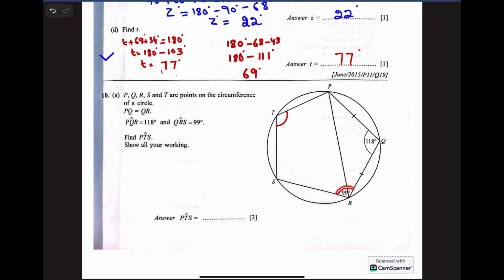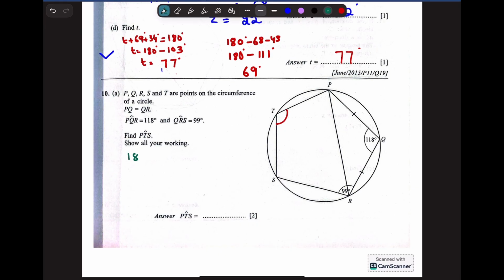Okay, we know that this is 99. Is there any way we can figure out what this angle is? Yes, we can. Because PQR is an isosceles triangle, these two angles will be equal. So let's figure out what this angle is. It's going to be 180 minus 118, which gives us 62 degrees.